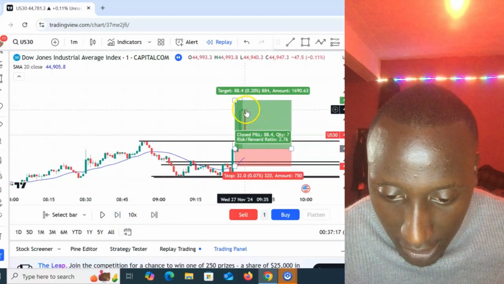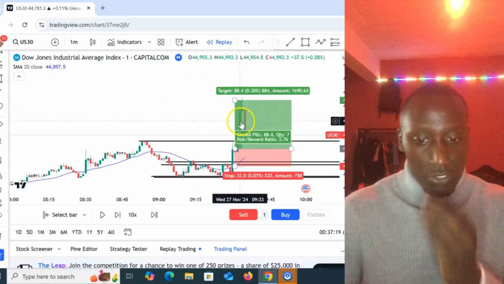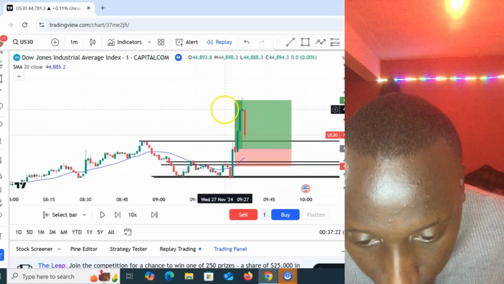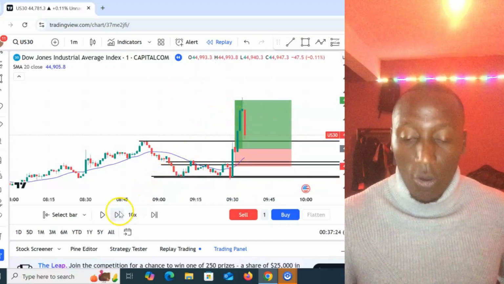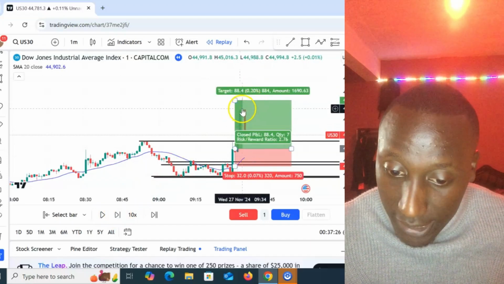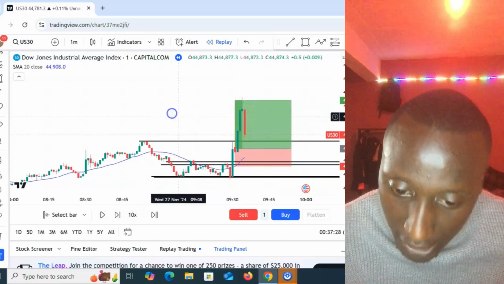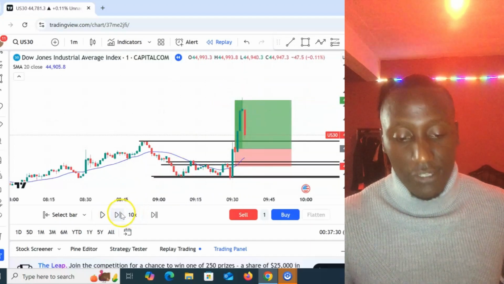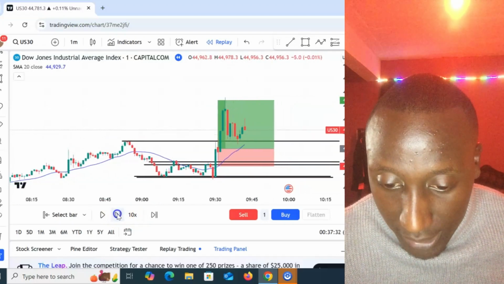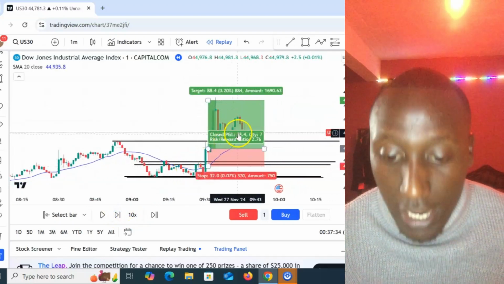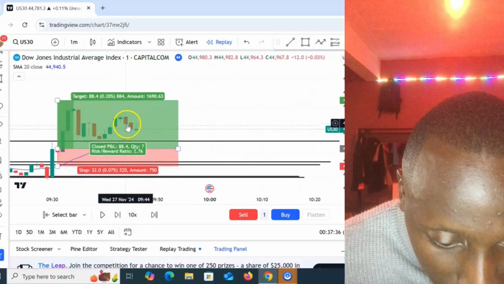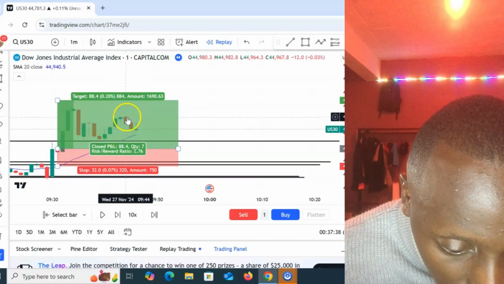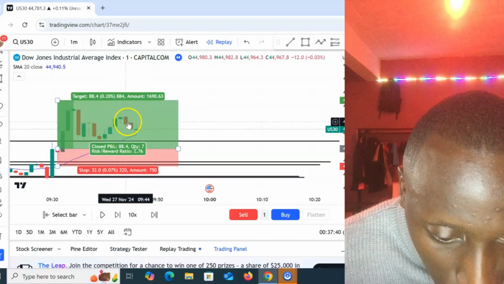However, notice how price is going down. So this is not a failed breakout, however, this is a very strong bearish candle. So if you did not take your profit, price started to consolidate, and then notice this is a failed breakout. Price breaks out, closes bearish.